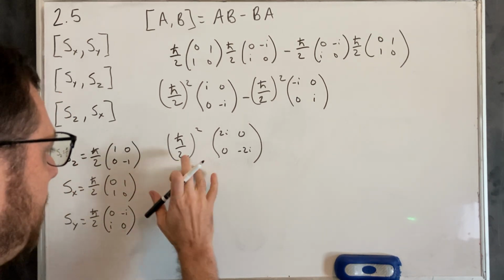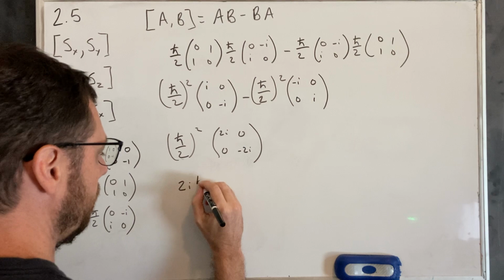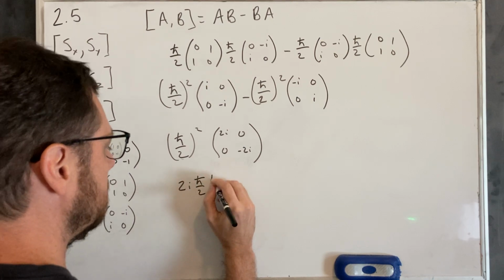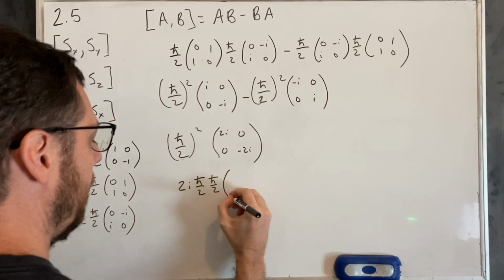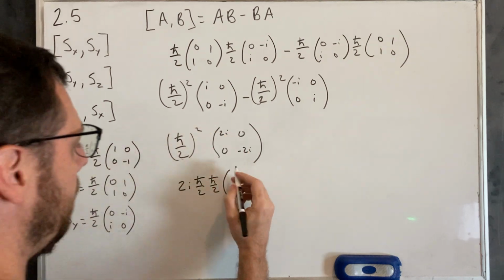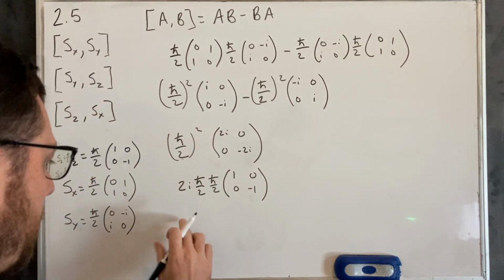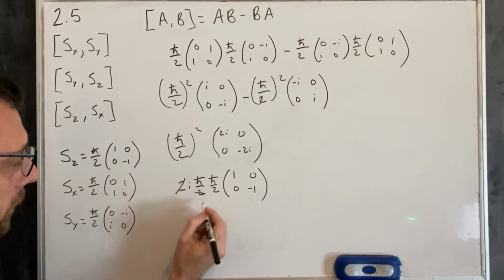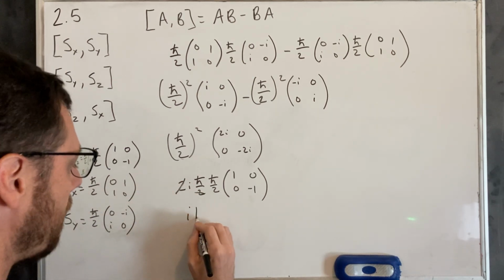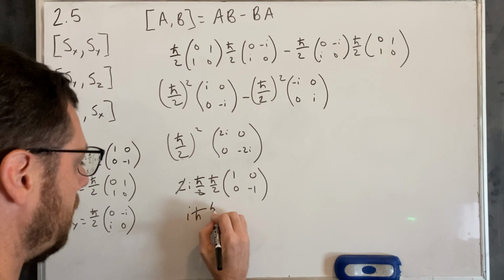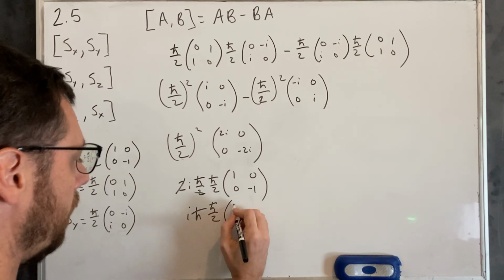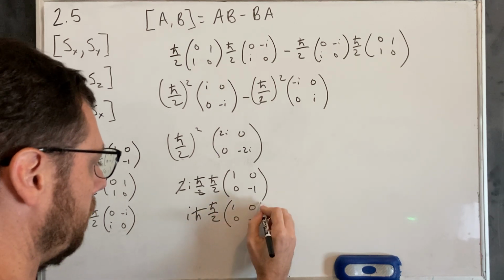Let's go ahead and split up these two h bar over 2's. H bar over 2. And then we're left with, because we pulled out the 2i, 1, 0, 0, negative 1. And these 2's cancel. So we're left with i, h bar over 2, 1, 0, 0, negative 1.